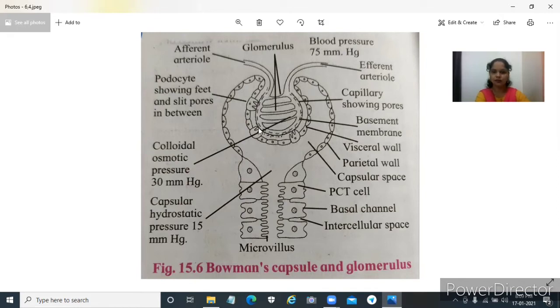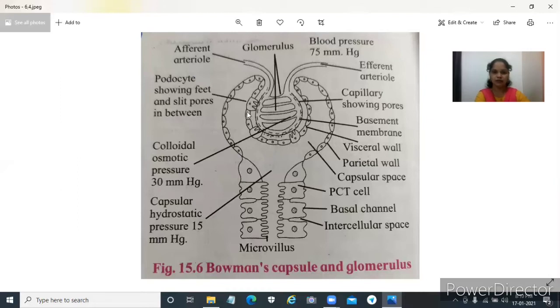During this high pressure, the filtrate enters the capsular space. This filtrate is called the glomerular filtrate, which enters the capsular space under high pressure.